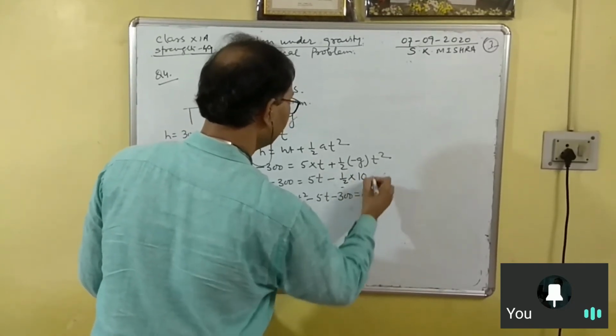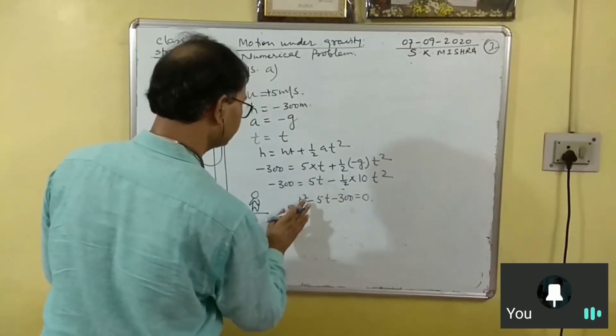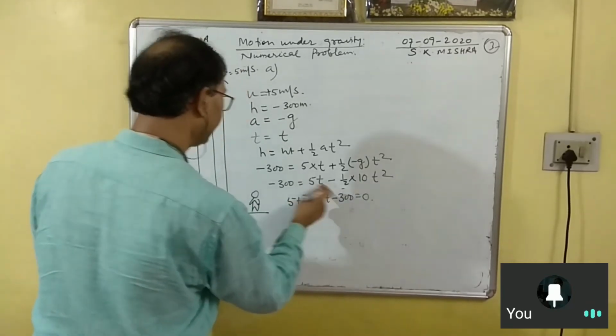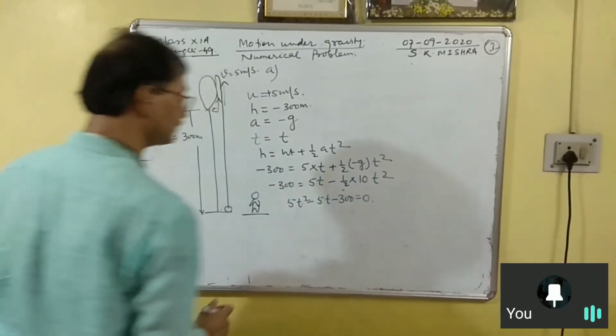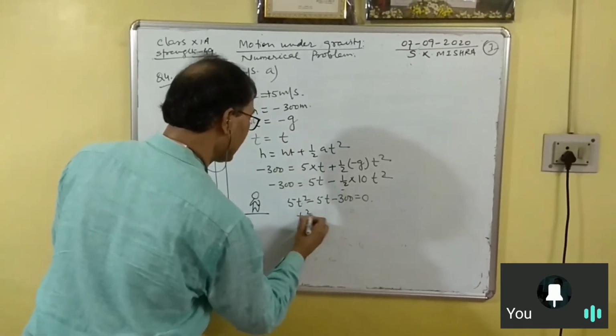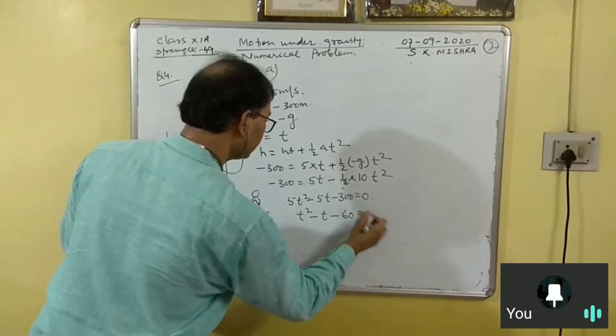So then 10 t square divided by 2 gives 5t square. Minus 5t minus 300 is equal to 0. Now cancel 5. So t square minus t minus 60 is equal to 0.